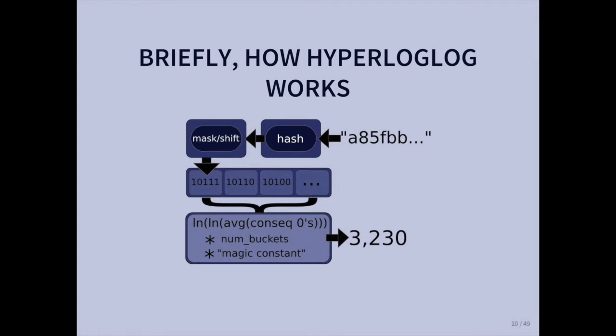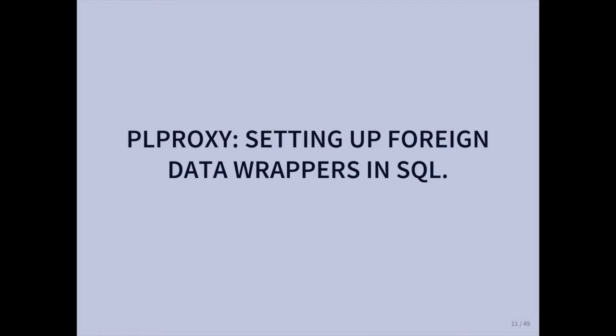So anyway, now PLProxy. Now we know a little about our probabilistic data structure that's going to allow us to safely use a bunch of shards that don't share transactional boundaries. What does PLProxy look like? You basically have two pieces: you set up the cluster config, which tells you about partitions, which databases are on which servers, and that's just a function that returns that value.